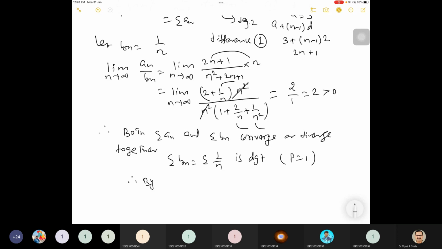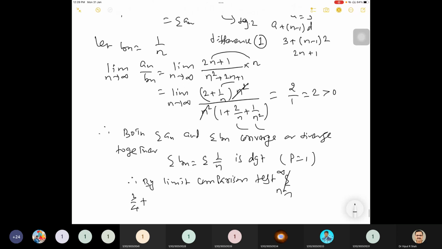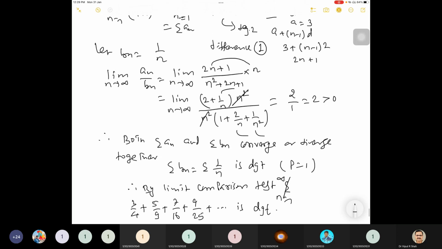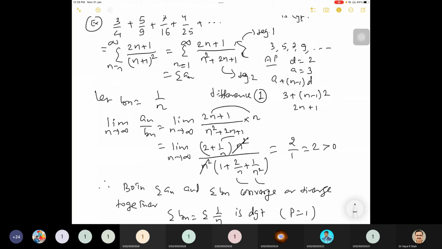And therefore, by limit comparison test, our given series 3 by 4 plus 5 by 9 plus 7 by 16 plus and so on, is divergent. Understand, everyone? Yes, sir. So you can write down this.